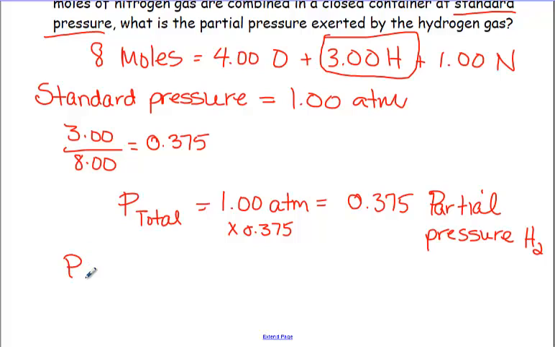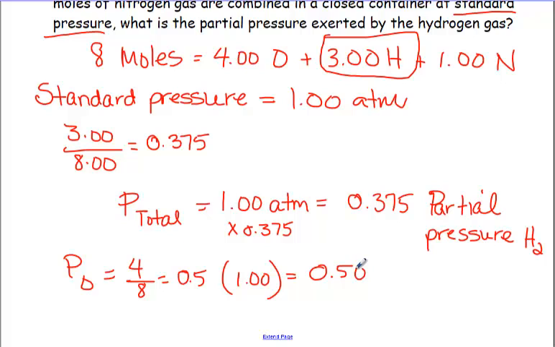So the pressure of the oxygen, let's say, is going to be 4 out of 8, right? 4 moles out of 8, that's our ratio, is 0.5, times our 1 atmosphere gives us 0.50 as our partial pressure for oxygen.